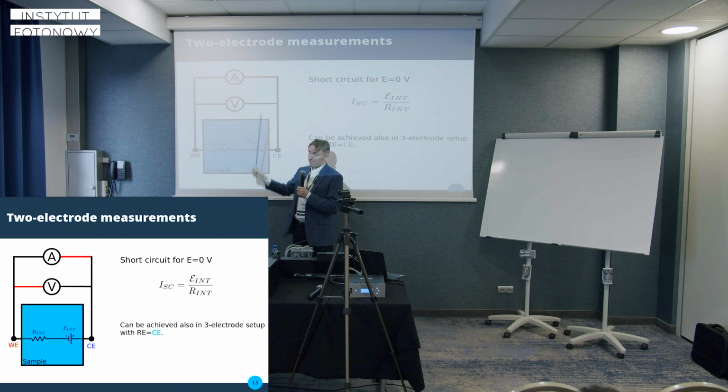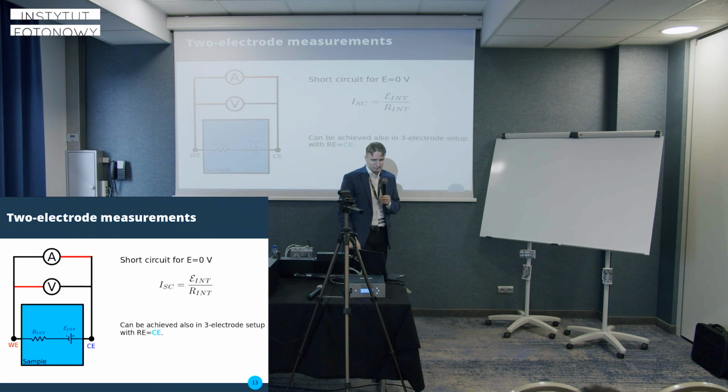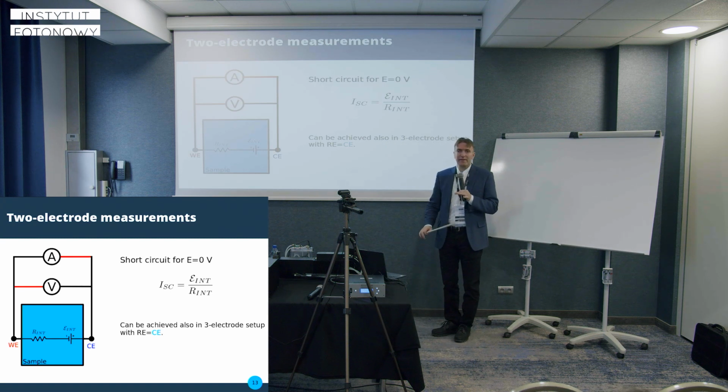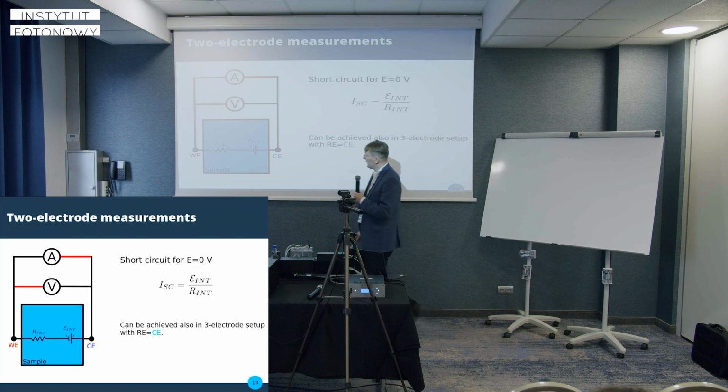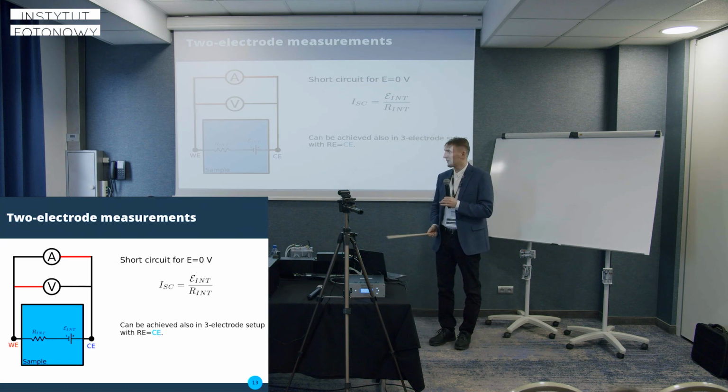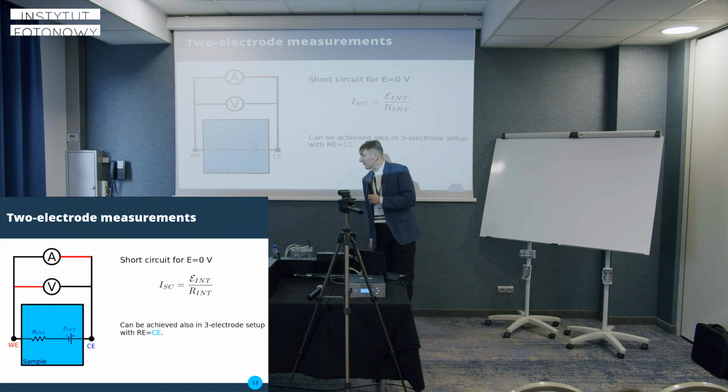So those are internal meters in the potentiostat. And imagine that the sample has its internal serial resistance, the same as with this battery, and some electromotive force. So there is some reaction going on and it produces this electromotive force.